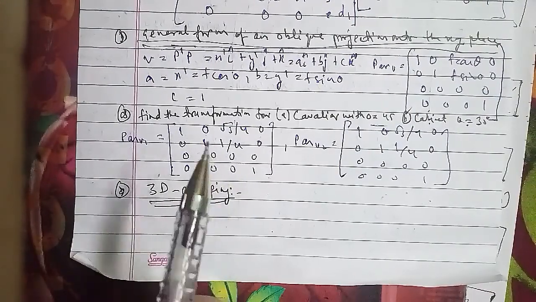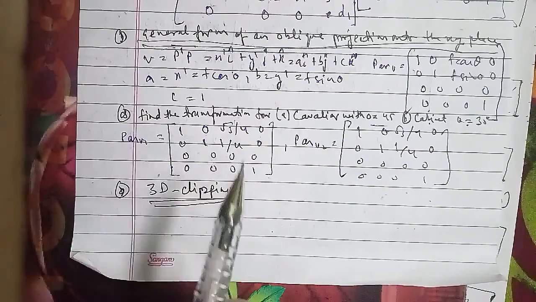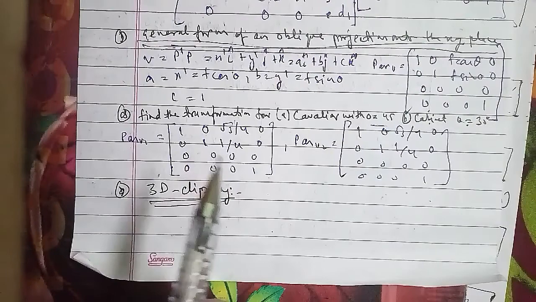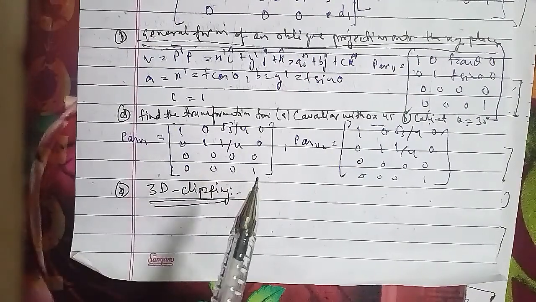By substituting the line endpoint coordinates into the plane equation of each boundary in turn, we can determine whether the endpoint is inside or outside the boundary.